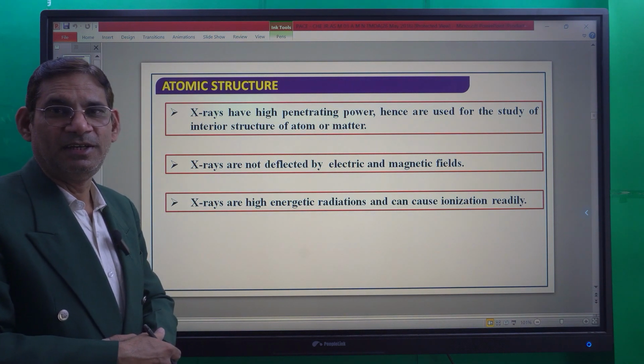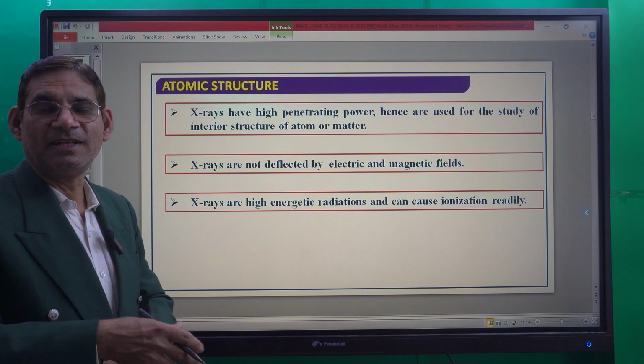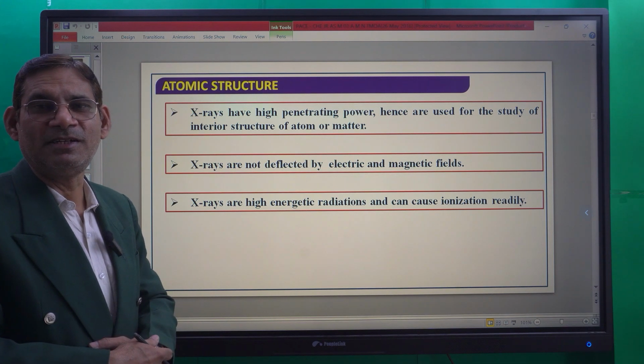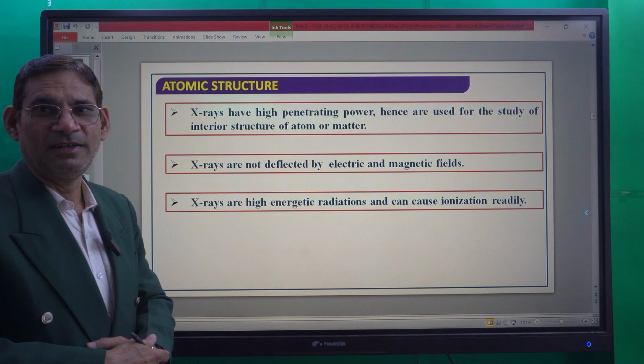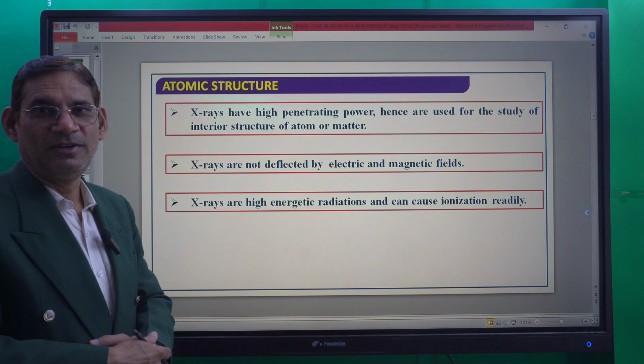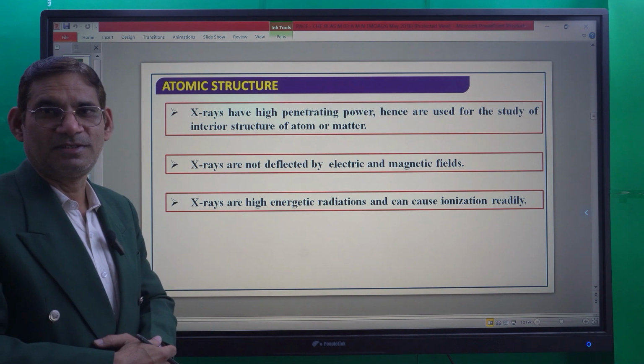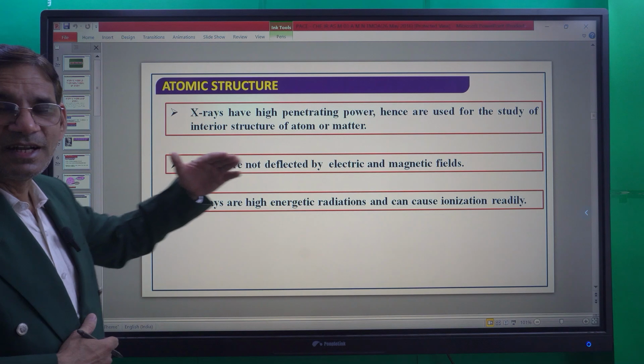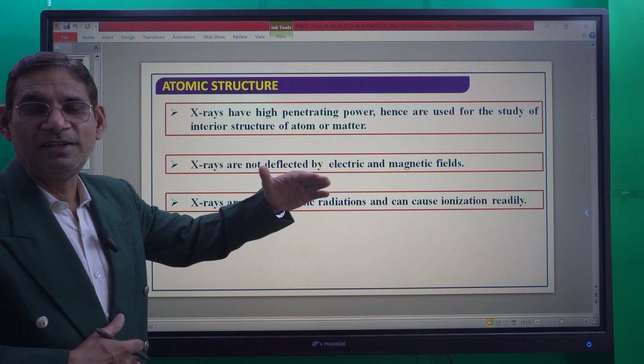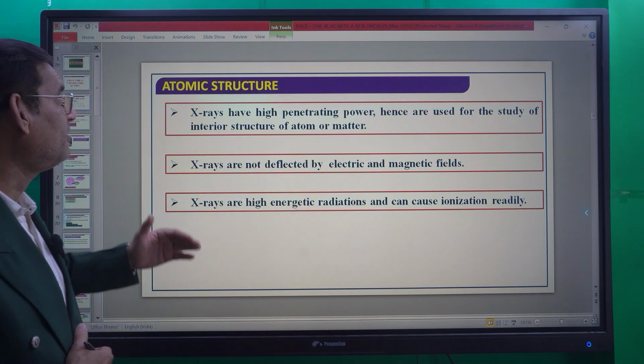As yesterday we stated, X-rays are obtained by the secondary effect of cathode rays. When cathode rays strike an anticathodic material, then X-rays are produced.